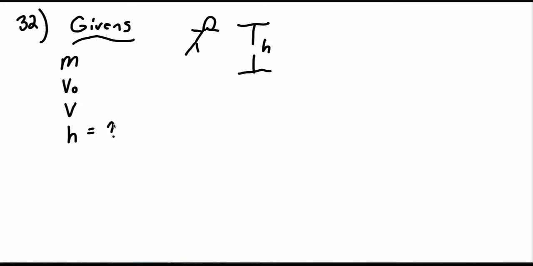If I set this up as energy conservation, I'm going to say my mechanical energy initial is equal to my mechanical energy final. At the very beginning, the pole vaulter has no gravitational potential, so the whole system's energy is just kinetic energy. So we would have 1/2 m v initial squared.